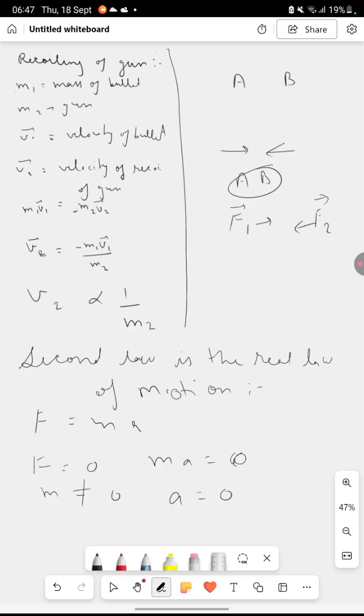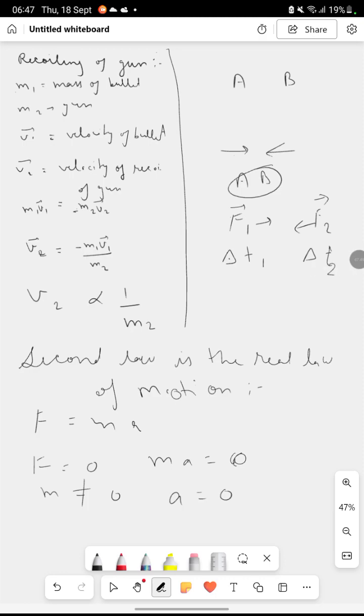This force is exerted for del T1 time and this for del T2 time, meaning for a very short time period.